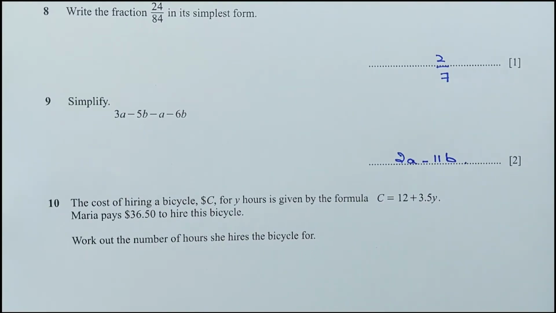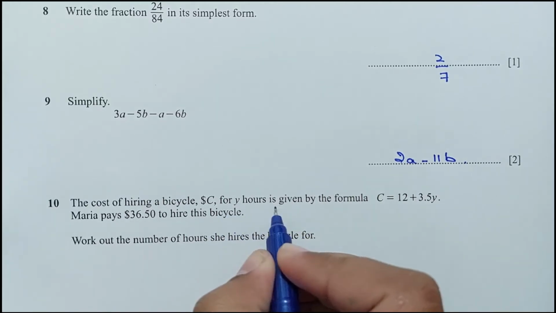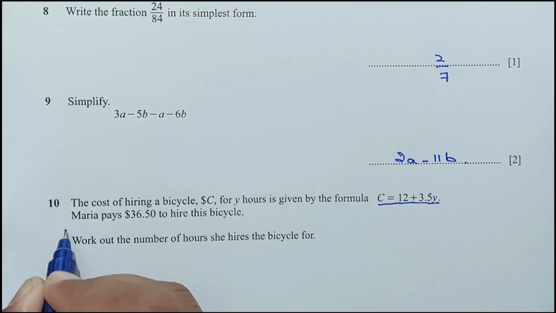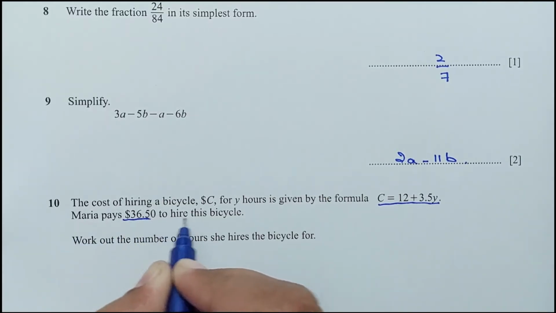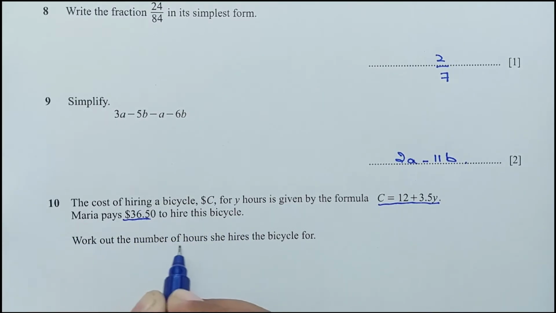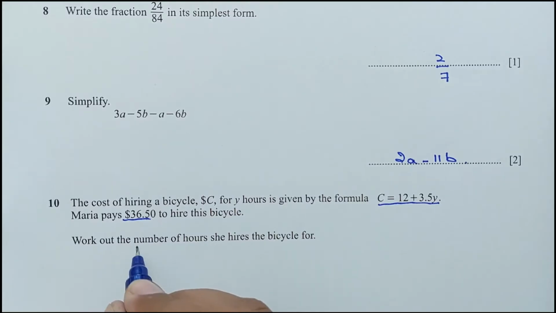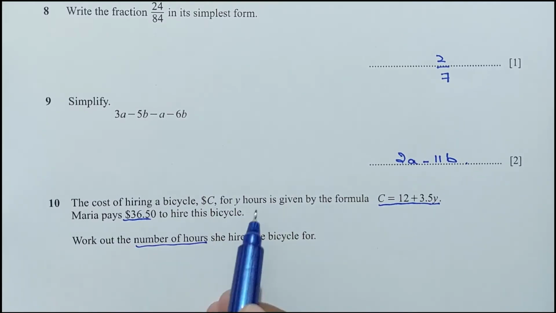Question number 10, the cost of hiring a bicycle, $C, for Y hours is given by the formula. Maria pays this much to hire the bicycle. Work out the number of hours she hires the bicycle for. Okay, so the number of hours is basically the Y we have to solve.